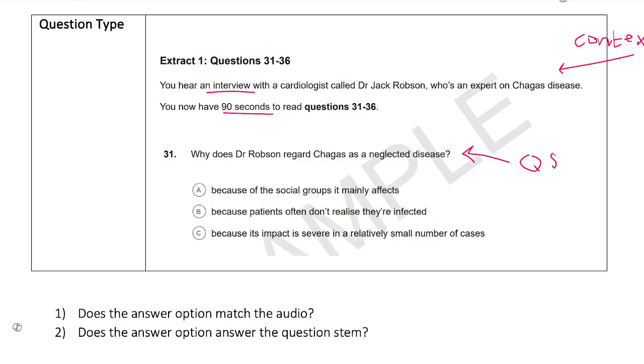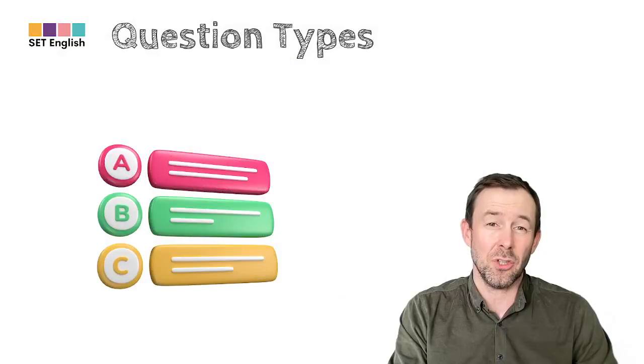One of the ways that you're fooled is that it might say there are social groups that are affected, but does that mean that's why Chagas is a neglected disease? You need to do both of these in order to get the answer correct. It's a bit tricky. Preparing the questions in your 90 seconds is absolutely essential.